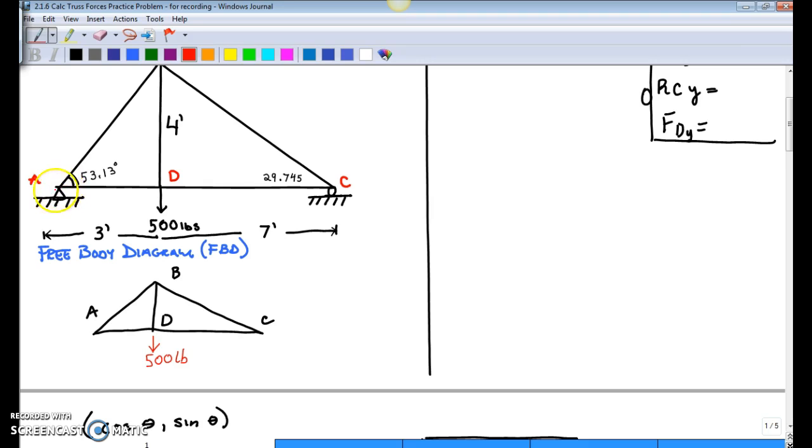We have a pin support on the left, and a pin support, as we all know, gives a reaction force at A in both the Y direction and the X direction. So we go ahead and label those. At C, there is no horizontal reaction force because we're allowed to slide horizontally, but we still have a reaction force at C in the Y direction.